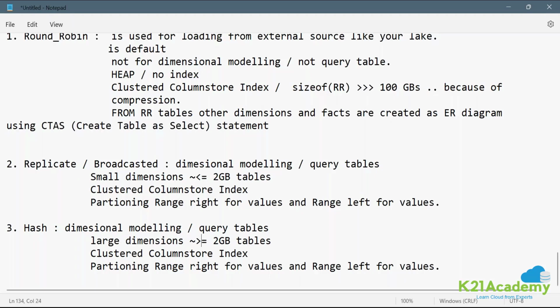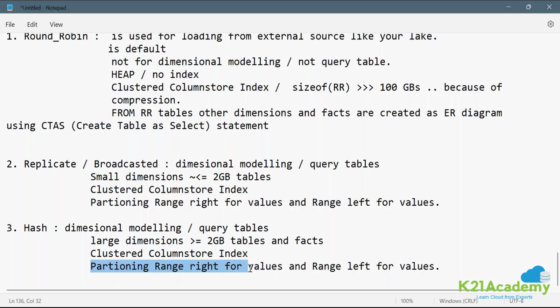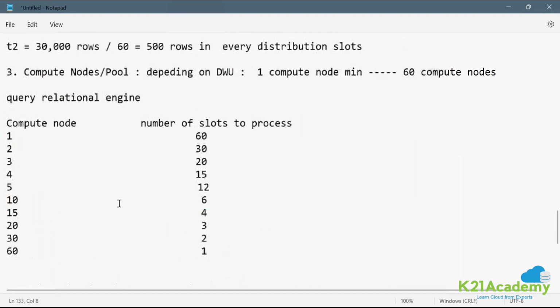Just reverse this sign and remove the approximate. Large dimensions and facts. Obviously, because it is a query table, you will place a CCI on it, clustered column store index, and it can also be partitioned if needed by you. What do you mean by hash? You're going to have to give it a column for hashing. Look at this query of ours.